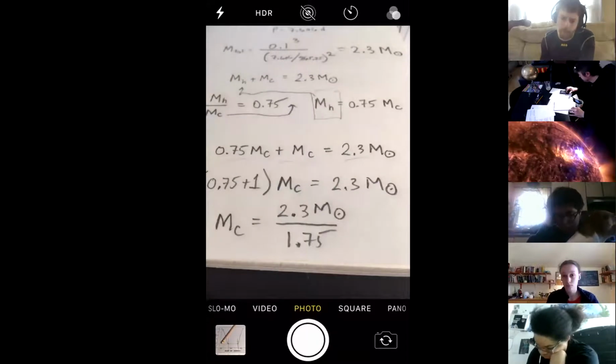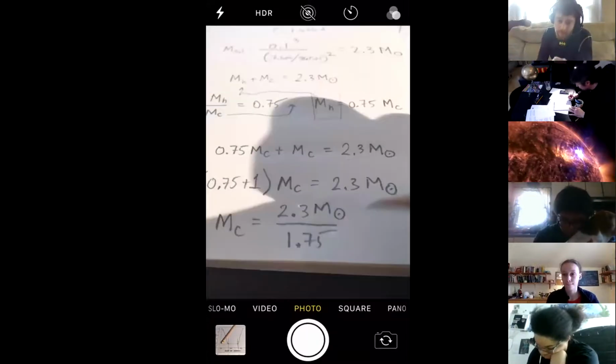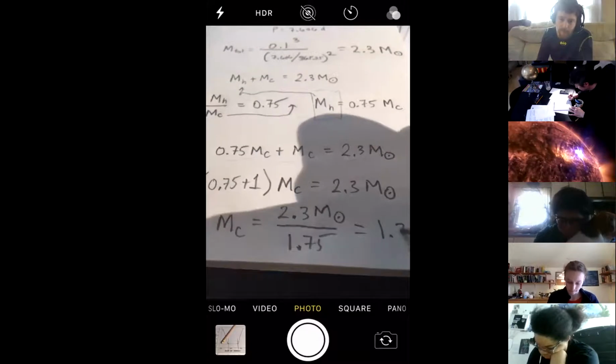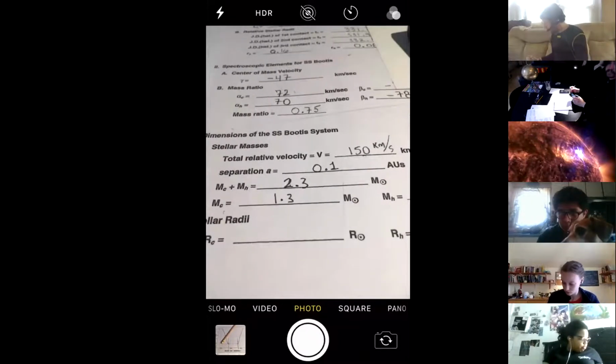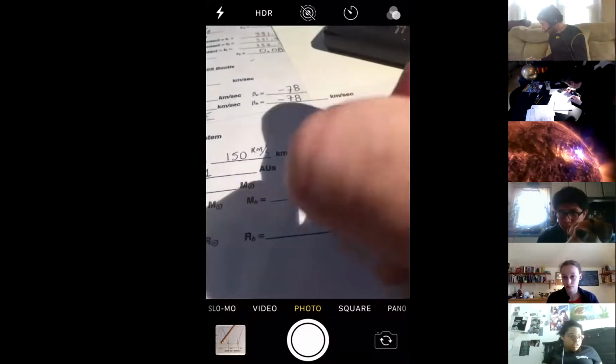All right. That's kind of nice. So the cold star is 1.3 solar mass units. If the sum of the masses has to equal 2.3, that kind of tells us what MH is, right? 1 solar mass unit. 1.0.